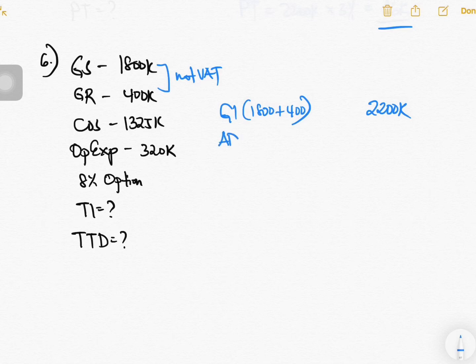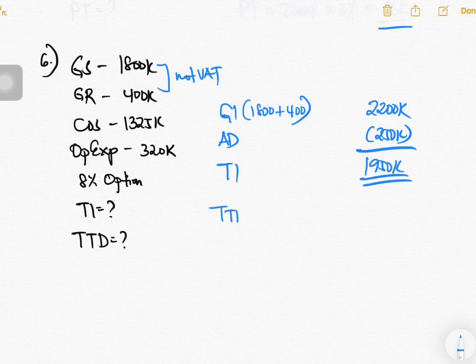How about the allowable deduction? Since you are using the 8% option, your deduction is 250k. You don't use cost of sales, you don't use operating expense, you don't use OSD, right? For 8% option, the deduction is 250,000. To get your taxable income, this is 1,950,000. So that's the answer.